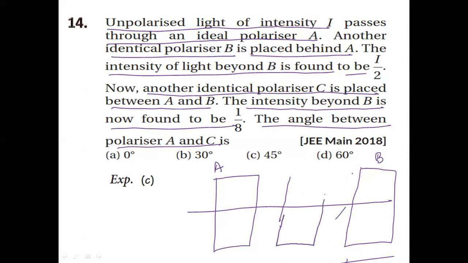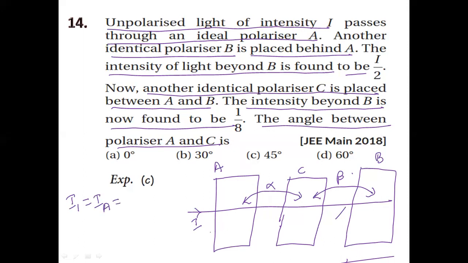Suppose here it is there. This is C. Here, what I will consider is that the angle between A and C is alpha, and the angle between C and B, I will consider it as beta. Initially, we are having an intensity I. So I can write I1 is equal to intensity.